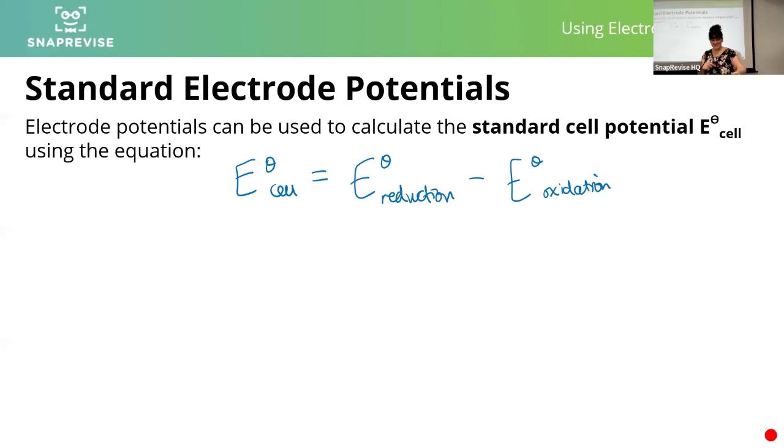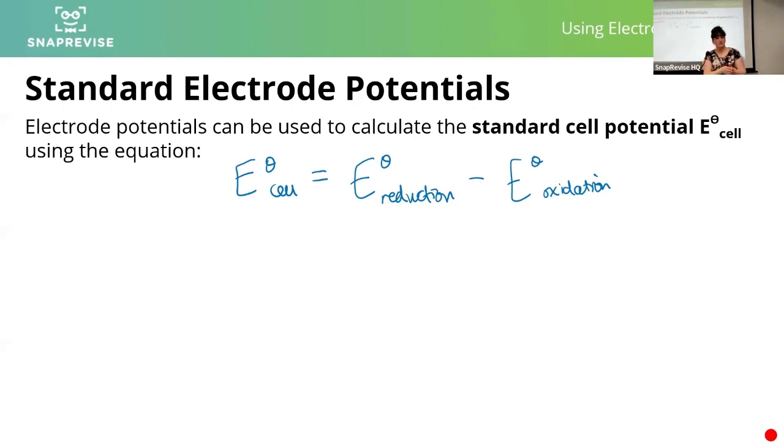So when it says E cell oxidation, this is why I personally find it confusing. We are giving the reduction potential for the cell that is oxidized. So you're doing reduction minus the reduction potential for the cell that is oxidized, which is why it gets really confusing, okay? But if you've got your head around it and you're fine, carry on using it.